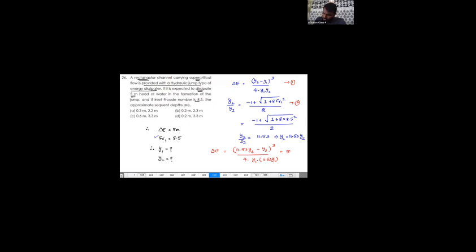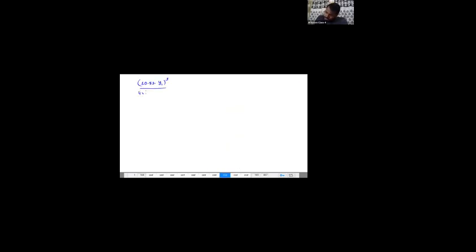Now you please find out the Y2 value. See, 11.53 Y1 minus Y1 is 10.53 Y1, cube, by 4 into 11.53 into Y1 square, equals 5.